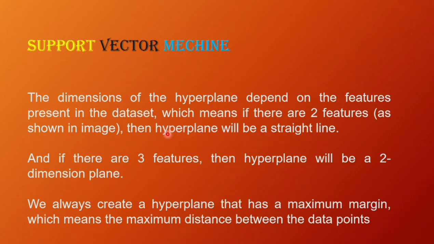That is, the hyperplane will be a straight line. And if there are three features, then the hyperplane will be a two-dimensional plane. We always create a hyperplane that has a maximum margin, which means the maximum distance between the data points.